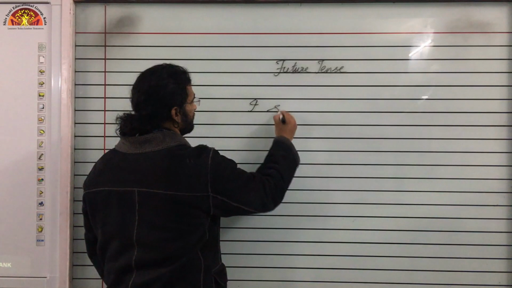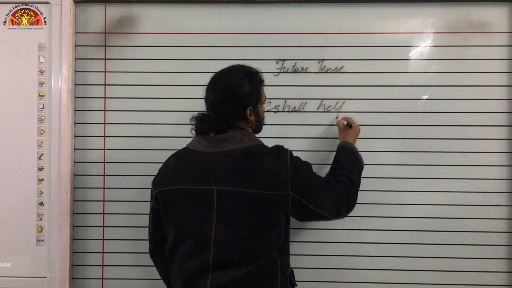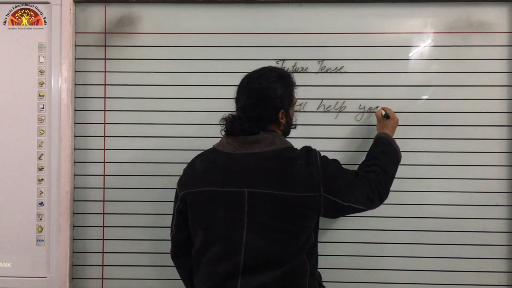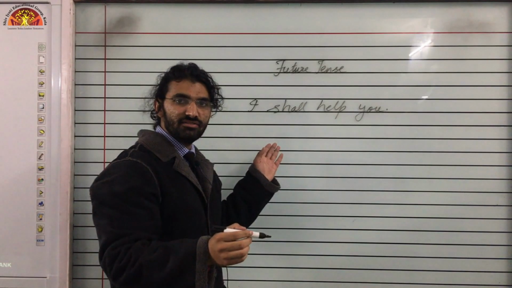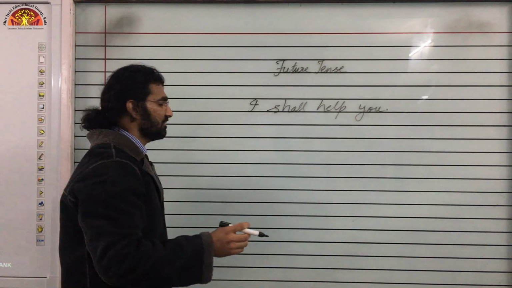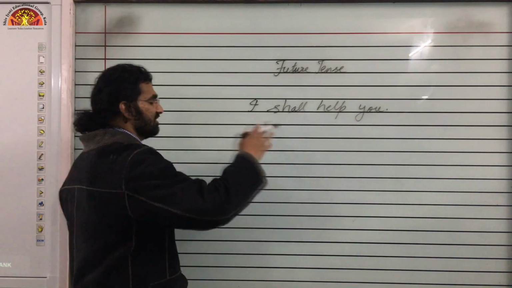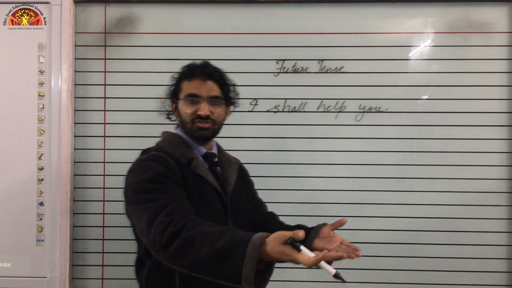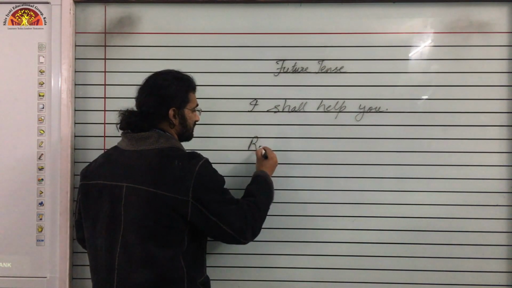Here we have an example: I shall help you. So with I and we prefer shall, and in other cases we prefer will. I shall help you. We are talking about future, that I shall help you in the time to come.